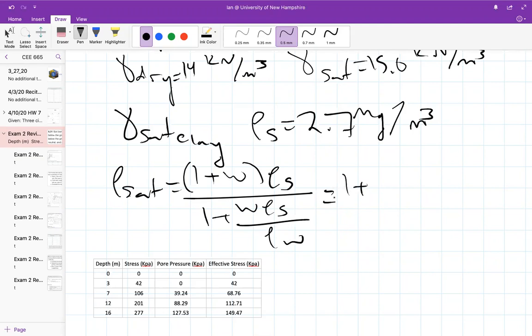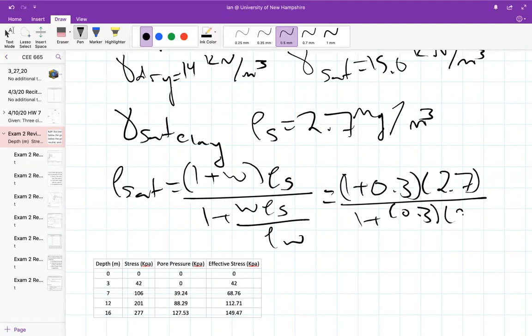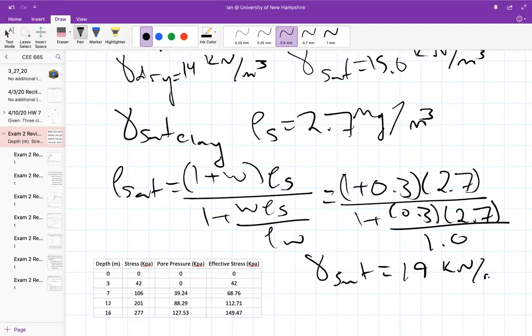In this problem statement, it said we had a water content of 30%. So our gamma saturated for the clay will be 19 kilonewtons per cubic meter.